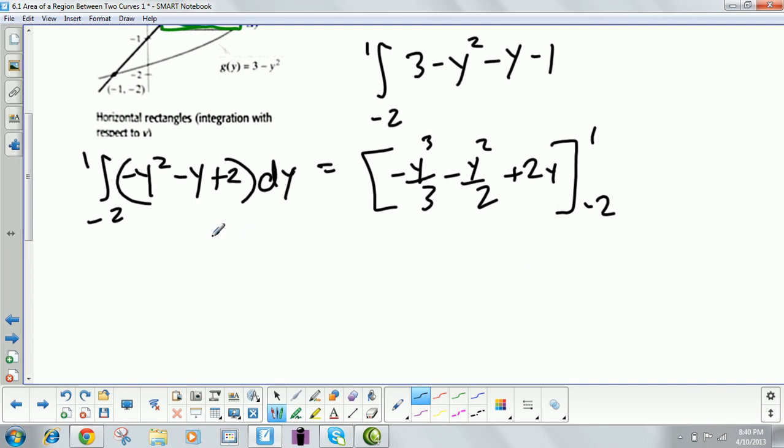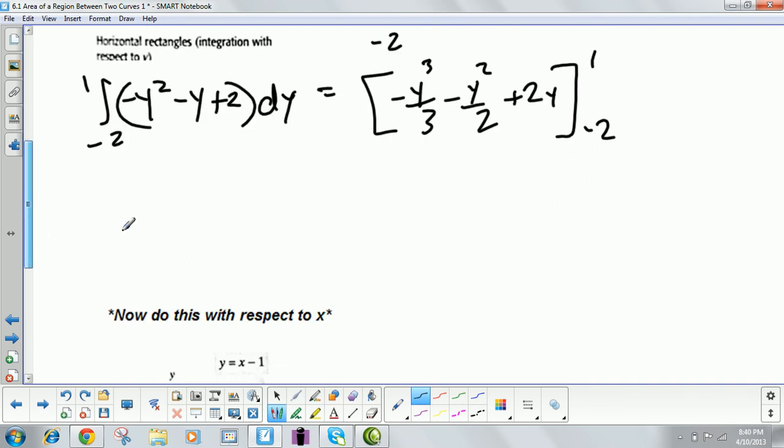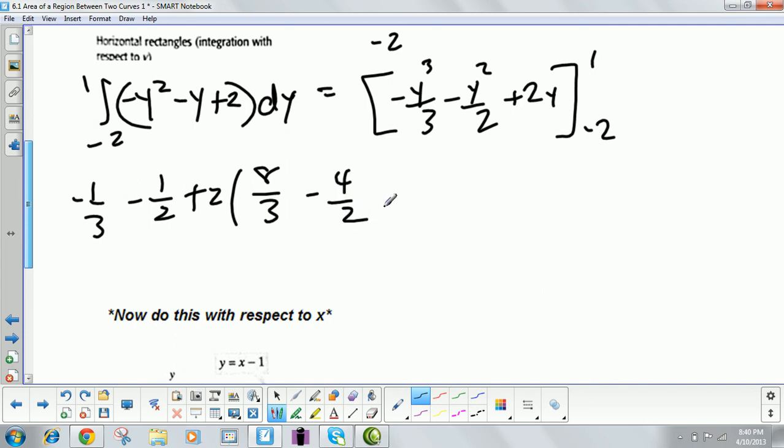So all we do is plug 1 in, then plug -2 in. When we plug 1 in, you get -1/3 minus 1/2 plus 2, and then when you plug -2 in, you would get 8/3 minus 4/2 minus 4.